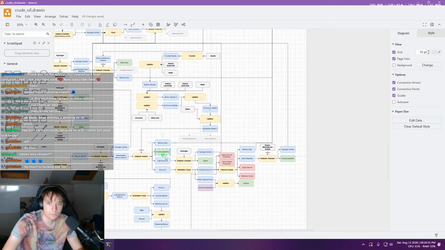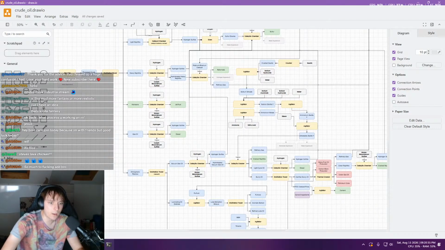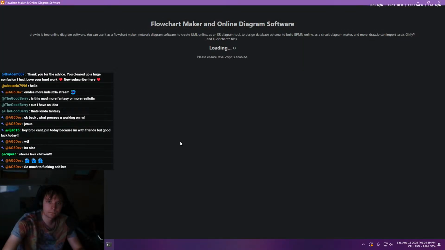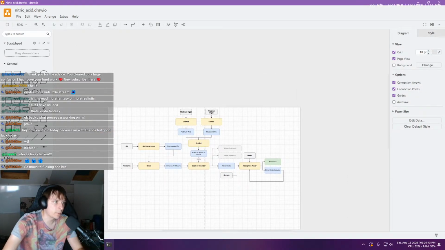I don't think we have anything of that scale. Actually, okay, no, that's much simpler than I remember.